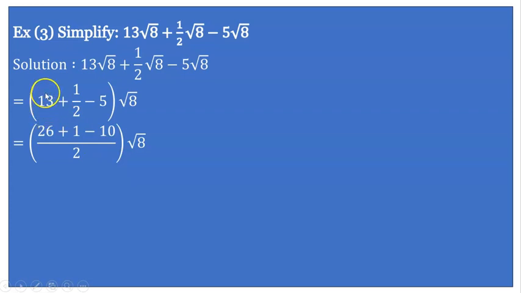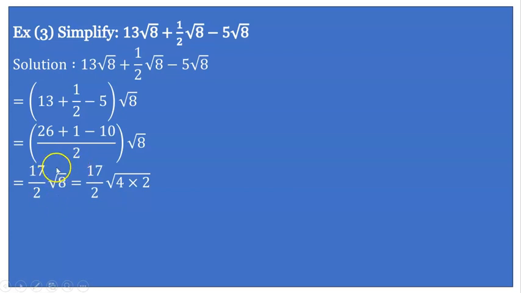Multiply 13 in the numerator and denominator by 2. 13 into 2 you will get 26 upon 2 plus 1 upon 2. Again multiply 5 upon 1 in the numerator and denominator by 2. Then in the numerator you will get 10 upon 2, and as their bases are equal, therefore 26 plus 1 minus 10 upon 2 into root 8.